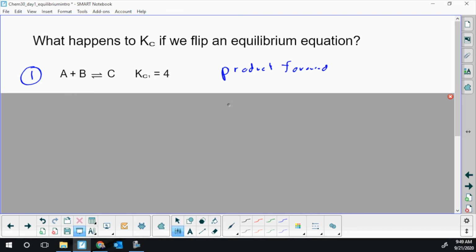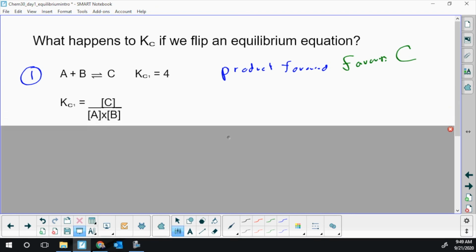Or specifically, it favors C. I'll just say C and leave out the brackets. We're going to flip stuff, but we want to keep that emphasis. This is product favored. It's going to make more than half of the amount of C it could make. That makes it product favored, and we're going to see no matter what we do to it, it's always going to favor C.